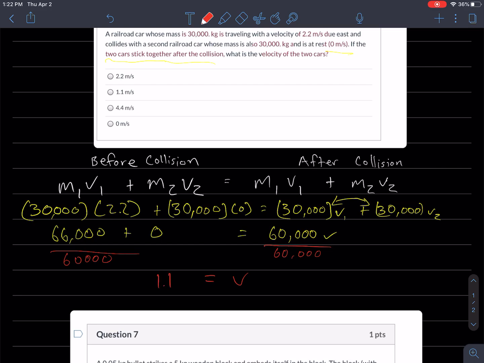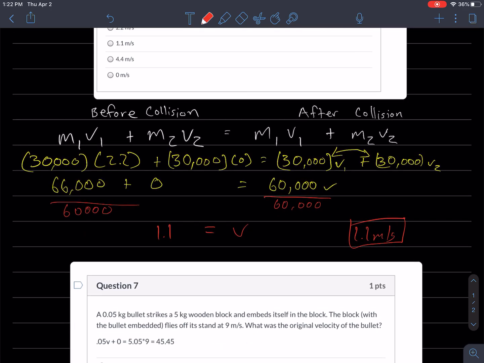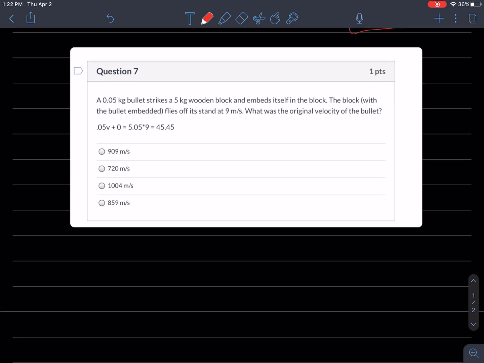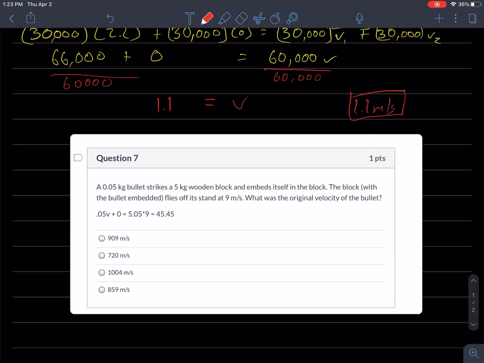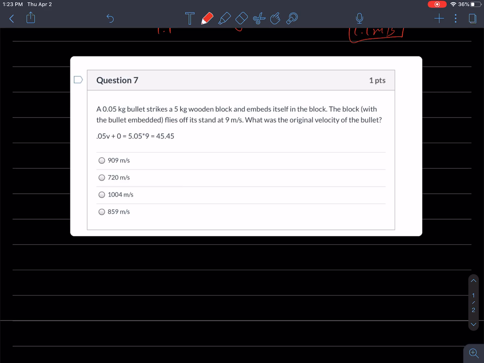So our final answer is 1.1 meters per second, since that is the unit for velocity. So that ends up being this answer.